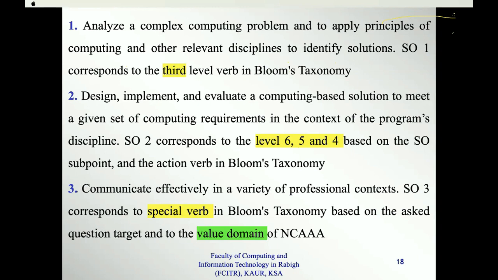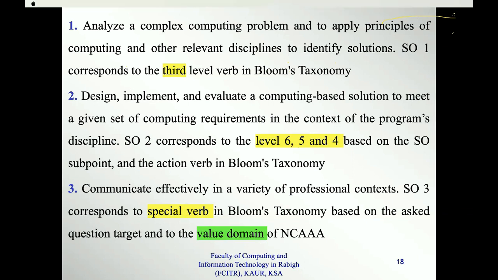And the third student learning outcome is communicate effectively in a variety of professional contexts, and mapping it with NCAAA, there is no special map, but it depends on the special verb in Bloom taxonomy and what the target of the question is. The question asks about the target, so we can know which level it will be.